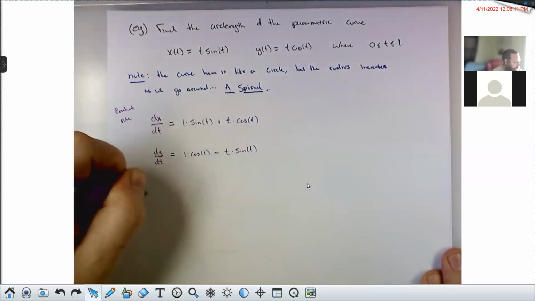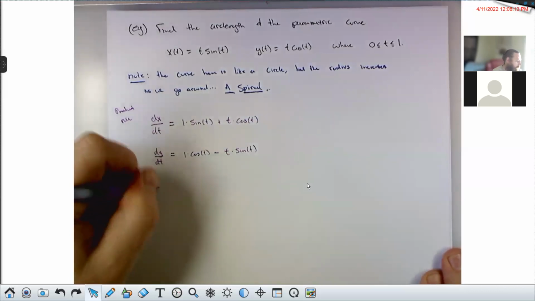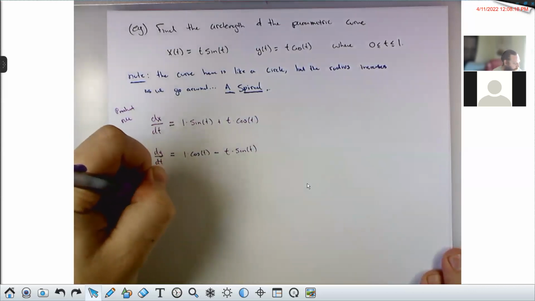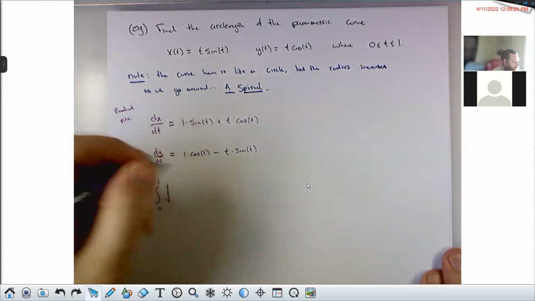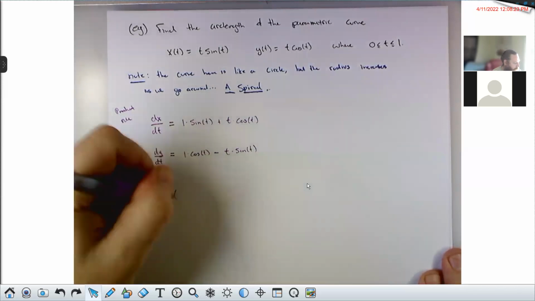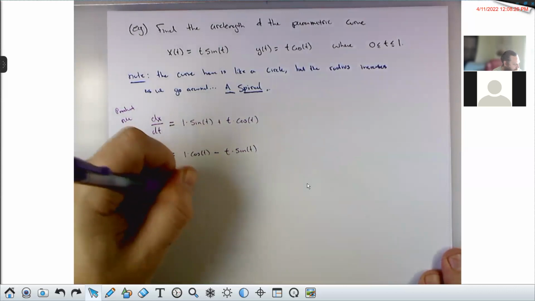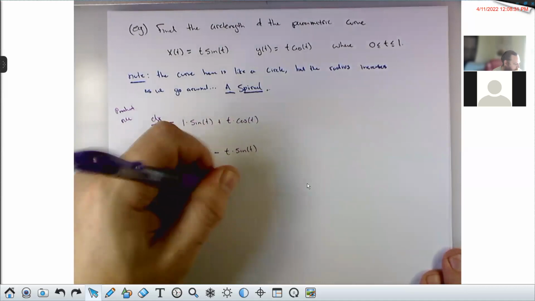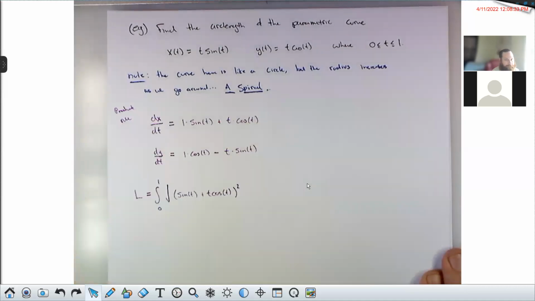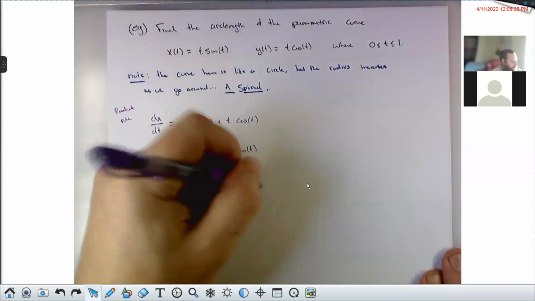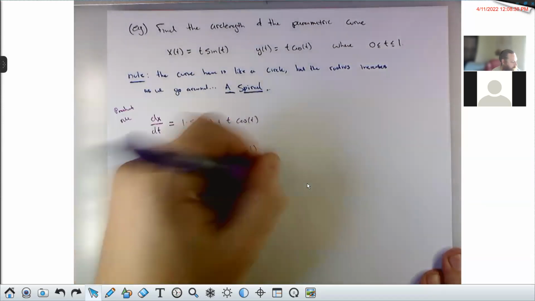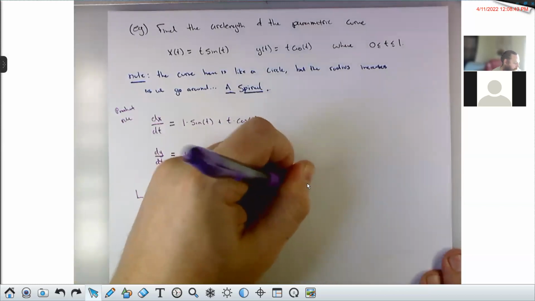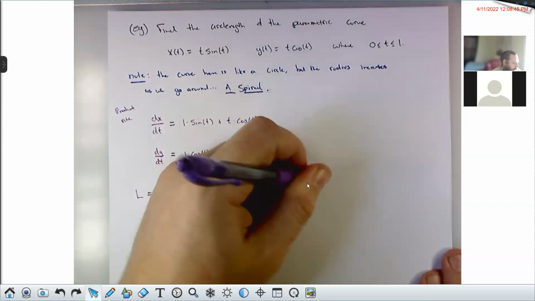Which means that L, my arc length, is the integral from 0 to 1 of the square root. This is going to be quite large, so (dx/dt) squared, that's (sine t plus t cos t) squared, plus (dy/dt) squared, which is (cos t minus t sine t) squared.